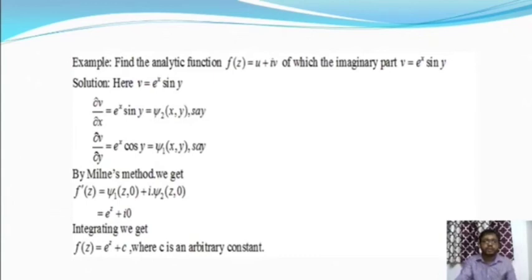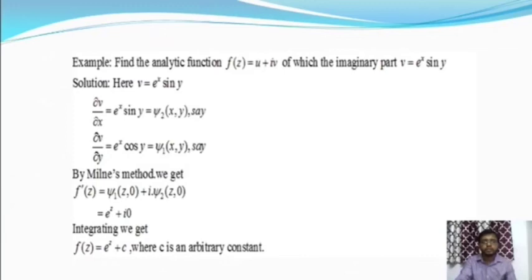So here the partial differentiation of the function v with respect to x is taken when y is constant. So del v del x is equal to the derivative with respect to x of e to the power x, which is e to the power x, with sin y constant, and we say it is phi 2 of x comma y.